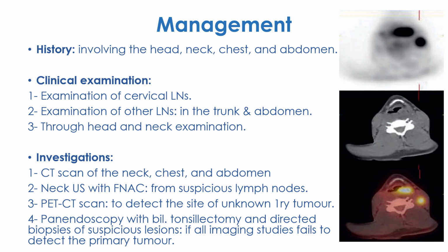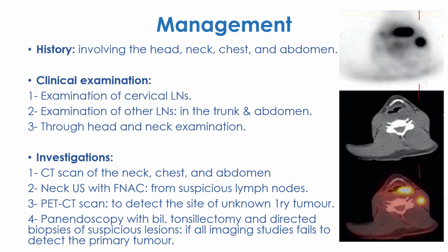It will take a large part of this glucose contrast and will show up as a lightening in the scan, as you see in the down photo here. You can see there is uptake by the primary tumor and there is uptake in the neck metastasis. And this is to detect the site of the unknown primary tumor. This will be effective if the tumor is larger than 6 millimeter in size, but if it is less than 6 millimeter, it becomes difficult to detect with PET scan.